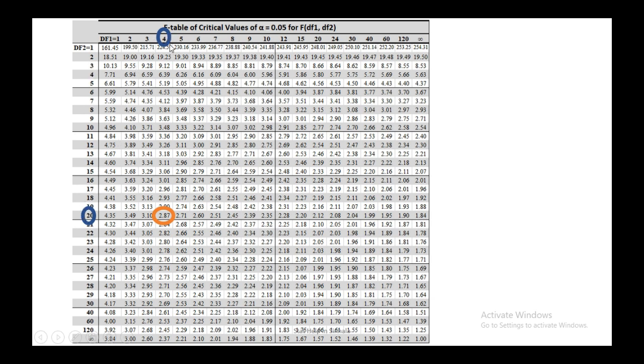So in here degrees of freedom for treatment is 4 and degrees of freedom for error is 20. In that case we can get the tabulated F value according to these degrees of freedom, that is 2.87.